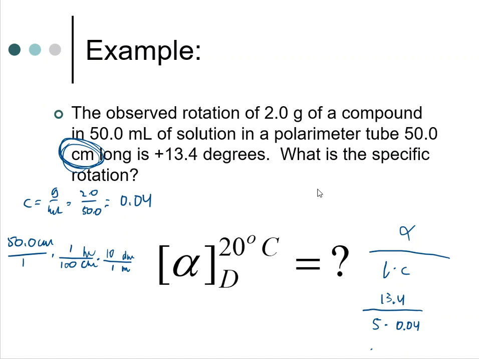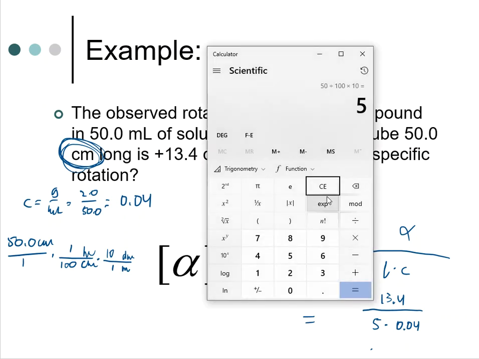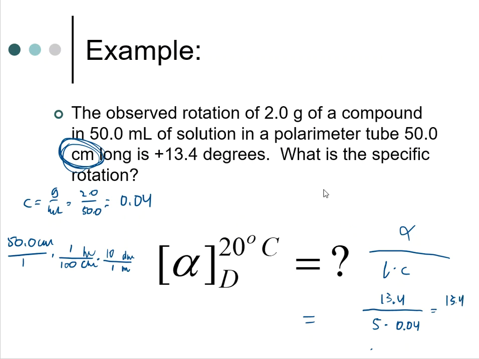And those are the values that I need to plug into this equation in order to solve for specific rotation. I work the bottom first. Okay, so 5 times 0.04 equals 0.2. So that means I need to take 13.4 and divide it by 0.2.